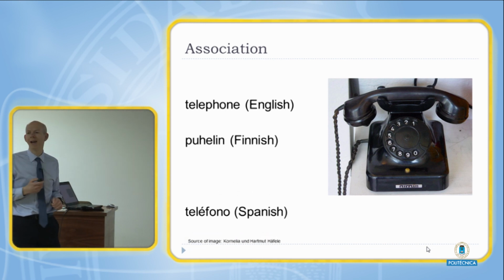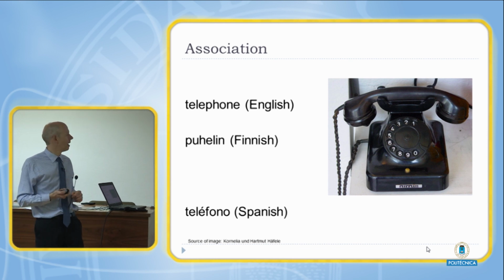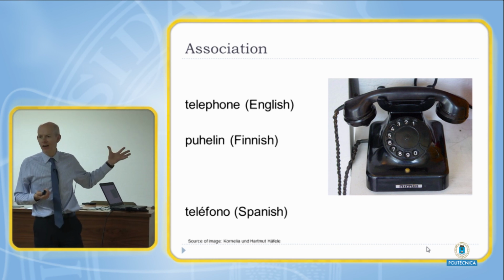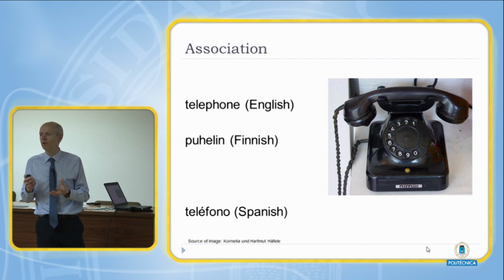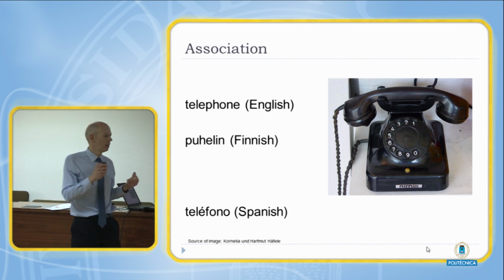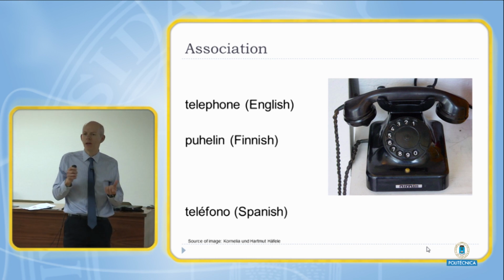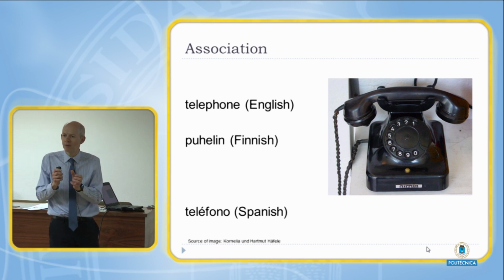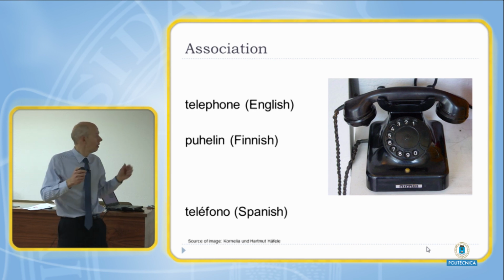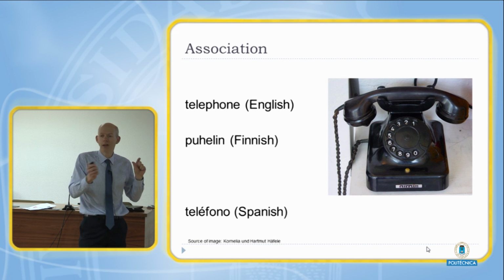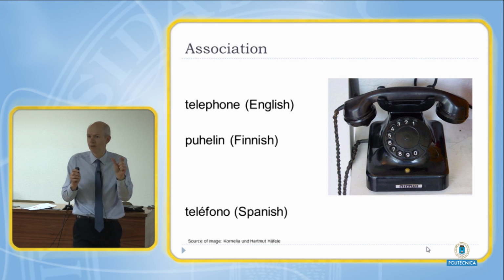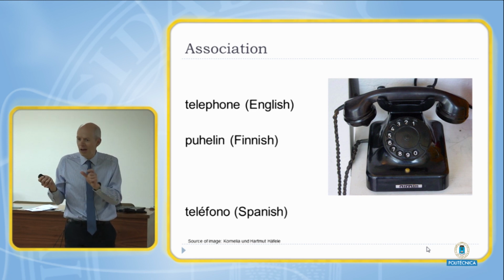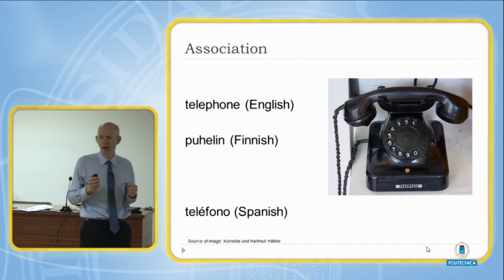It is puhelin. Now, that doesn't have any similarity. And one of the difficulties when you're learning a different language is to find points of similarity. So in this case, it's a question of making an association between the word puhelin and telephone. And I always personally struggled with that.